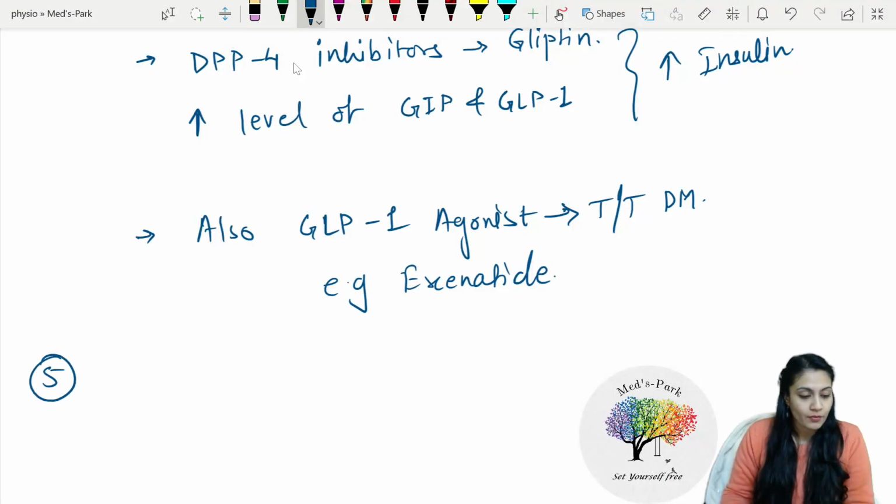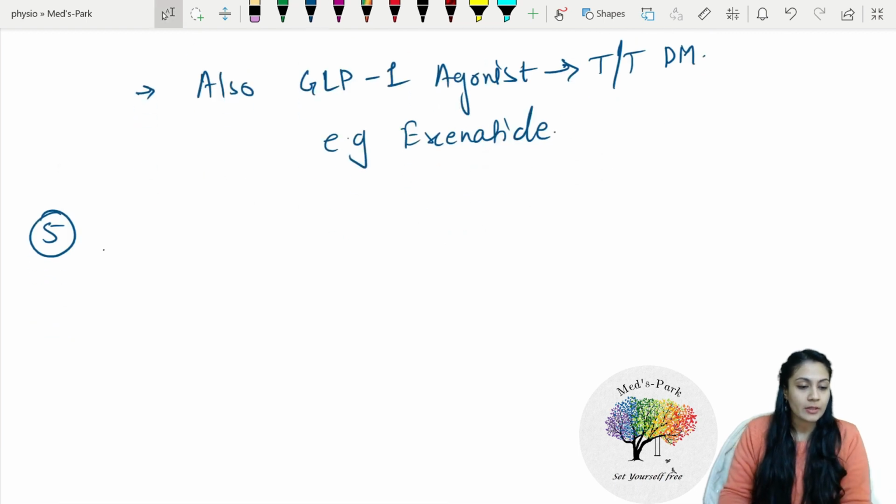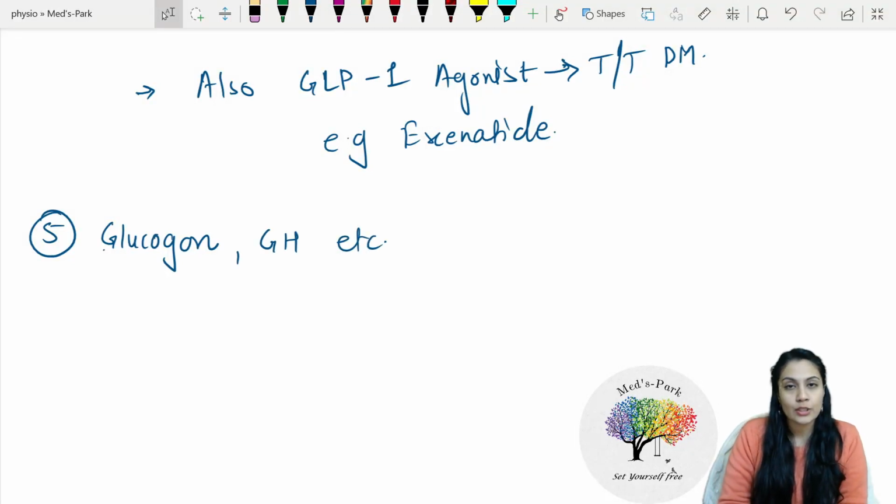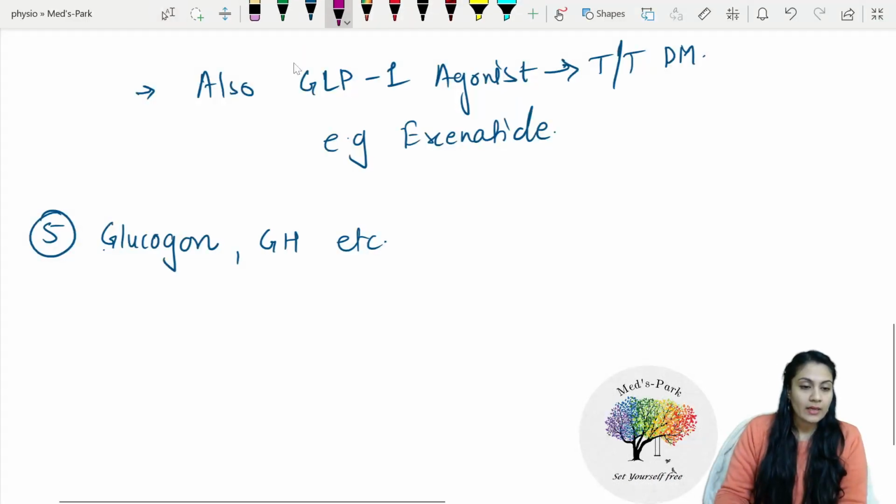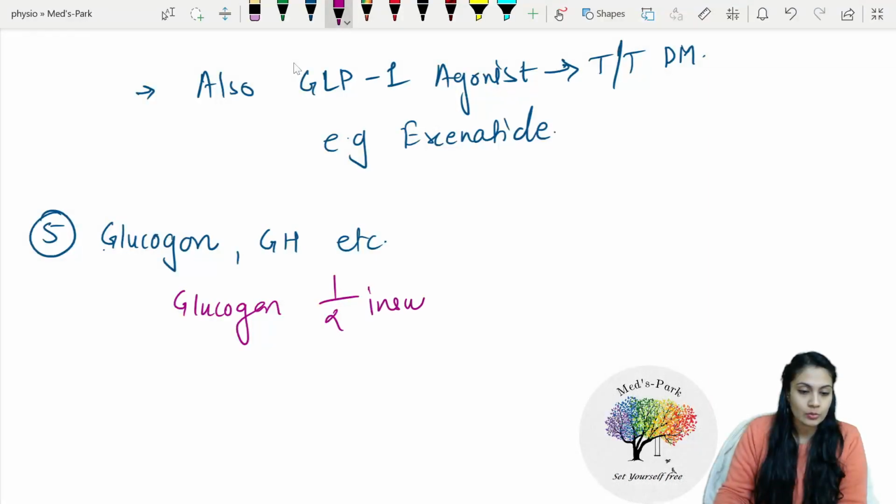Now the next point, the fifth one, is glucagon and growth hormone, etc. Glucagon and insulin work inversely to each other.